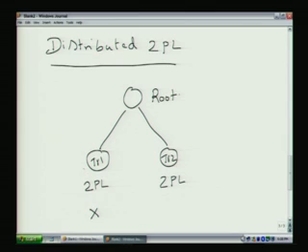Imagine that there is actually a data item x on which transaction T1 is operating, and there is a data item y on which transaction T2 is operating. Now, T1 will acquire locks on x, T2 will acquire locks on y, and they finish their part of the execution.